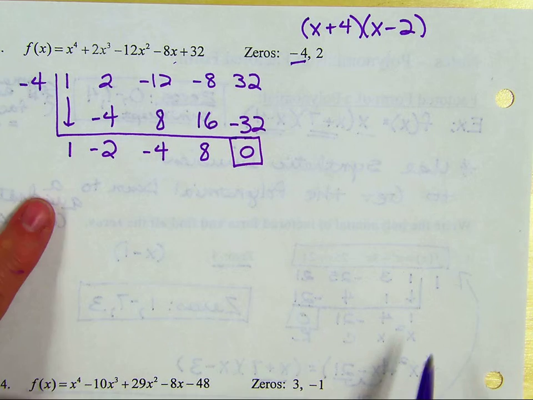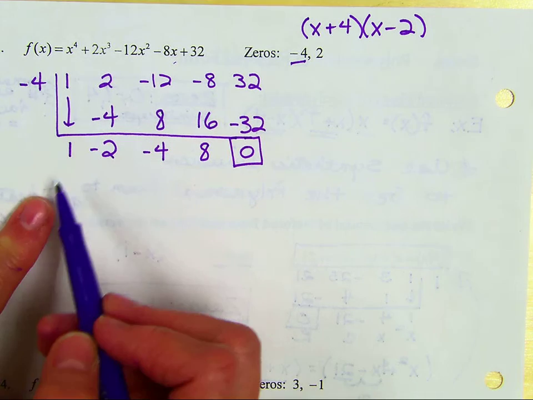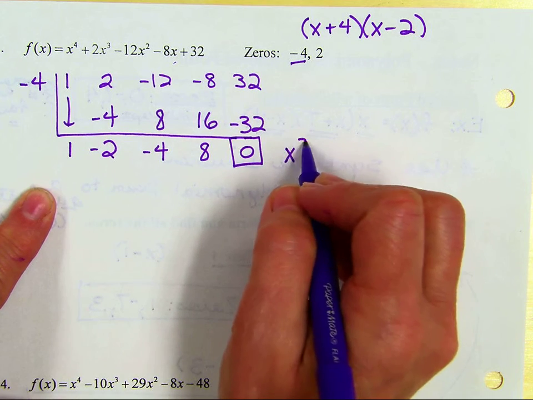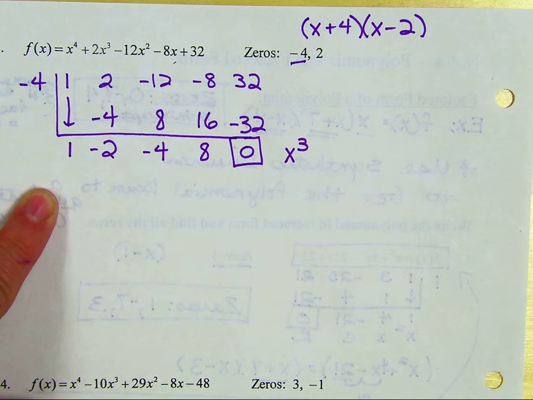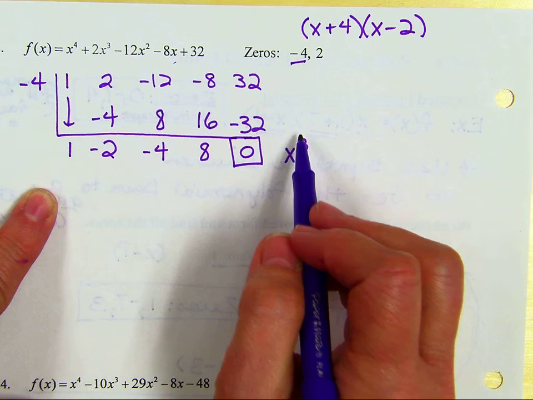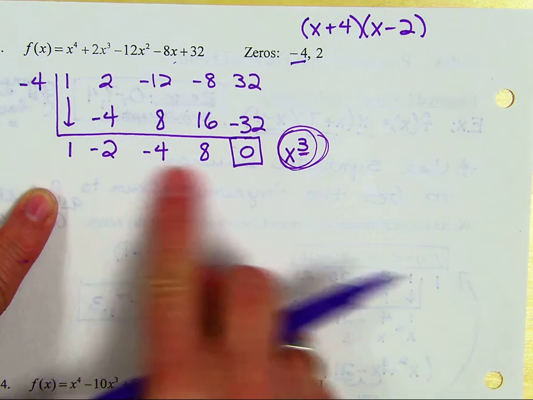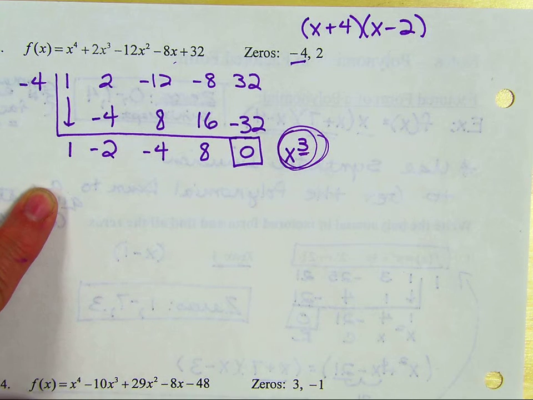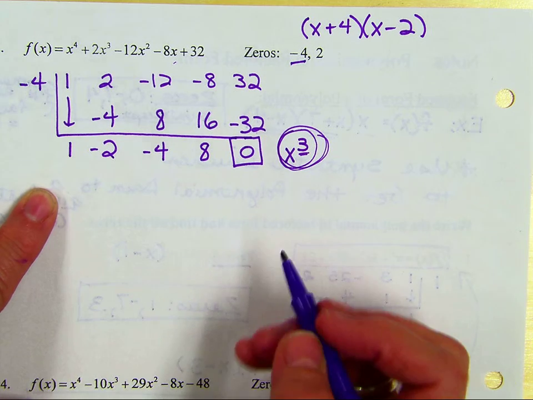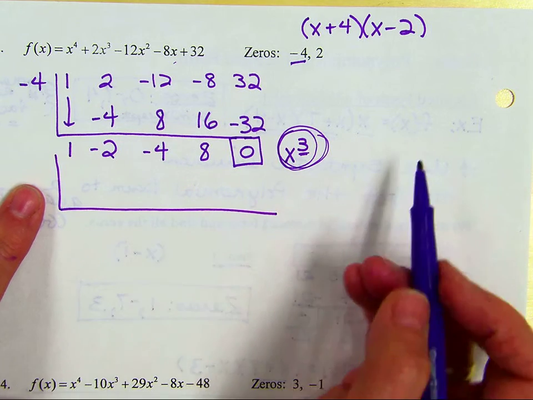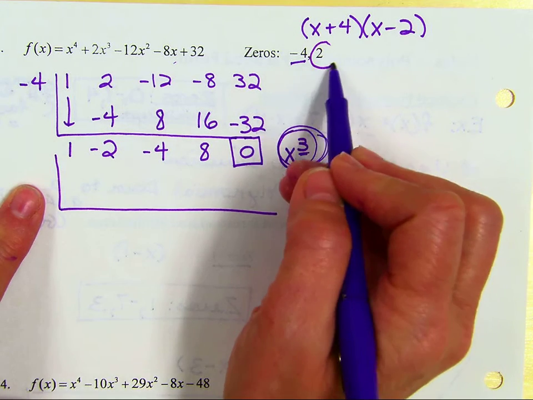So I started with x to the 4th. So in my first multiplication, I lost 1 degree. X cubed is my biggest degree for this line. Instead of writing it all out, I'm going to go ahead and just keep dividing, because now I need to divide by a positive 2.